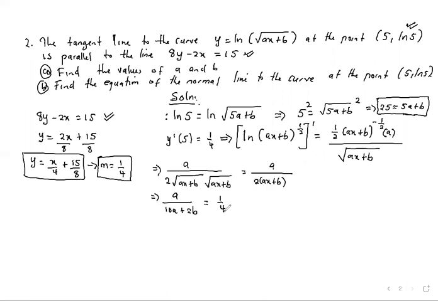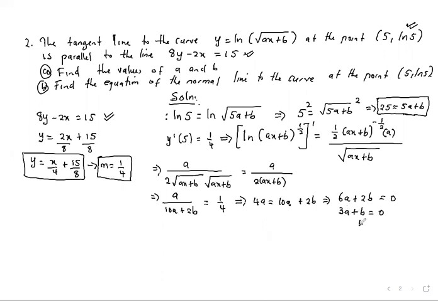If we cross multiply here, we'll surely have 4a is equal to 10a plus 2b, so that writing properly, we get 6a plus 2b is actually equal to 0. We divide throughout by 2, we get 3a plus b is 0.